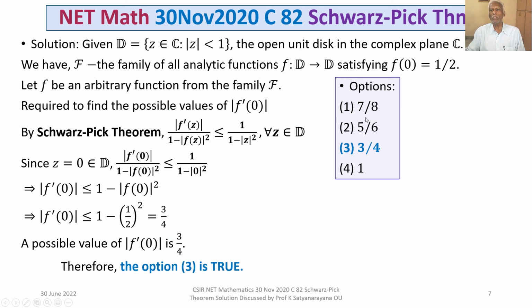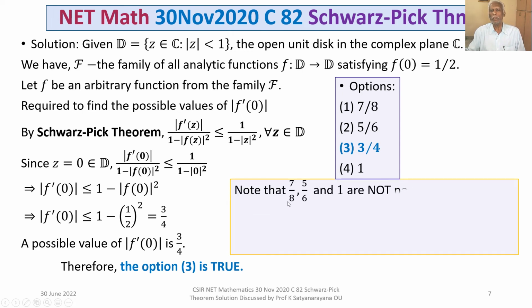Now, what about 7 by 8, 5 by 6 and 1? Note that each one of them is greater than 3 by 4, and hence mod of f prime 0 cannot be 7 by 8, 5 by 6, or 1.